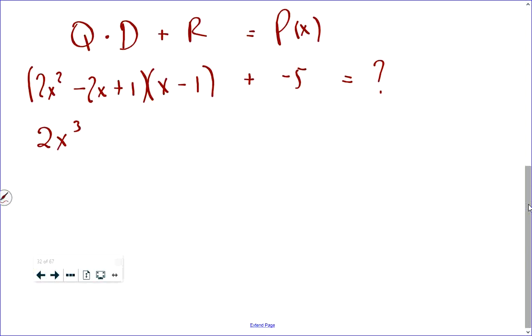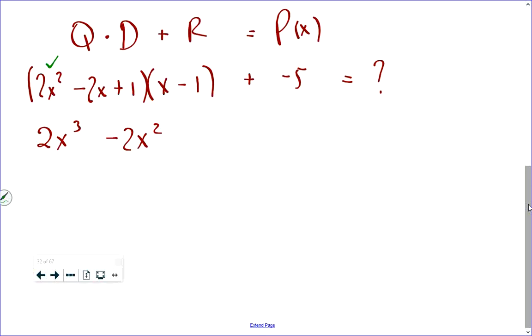I would then go 2x squared times negative 1. I would just stop and double check. What I have done is I've multiplied the 2x squared by the x minus 1. So 2x squared times x is 2x cubed. 2x squared times negative 1 is negative 2x squared. And what I do if I'm doing this on paper is I just put a little check mark above that, telling me that I'm done with that part of the product.